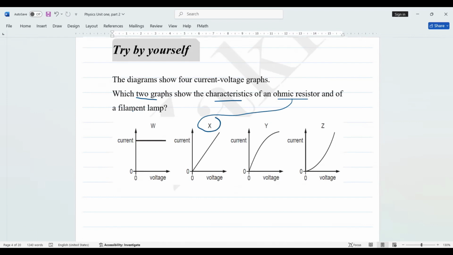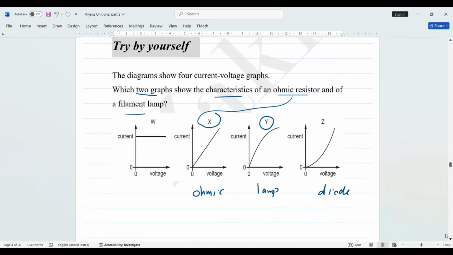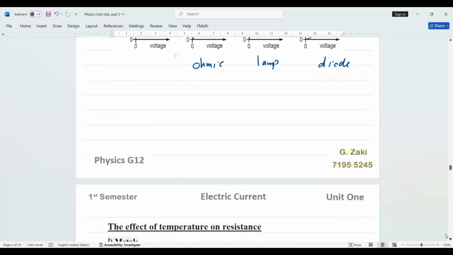So the ohmic resistor is X. And the filament lamp is the curve. What about that? It is the diode. Then this is the ohmic resistor, and this is the filament lamp. But the last one is the diode. Okay, so this is the difference.